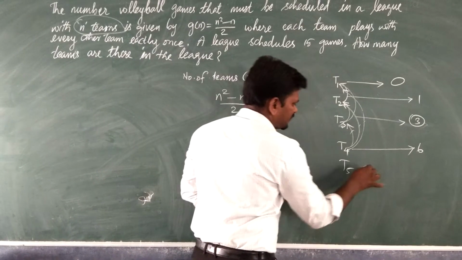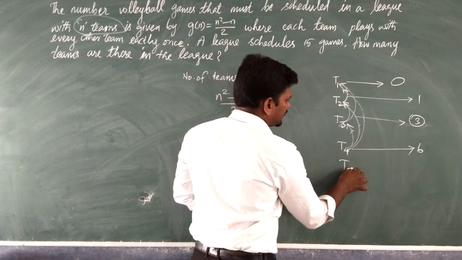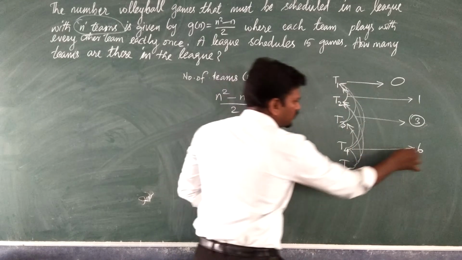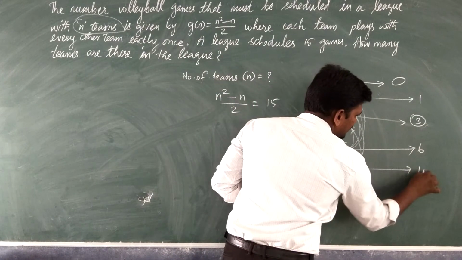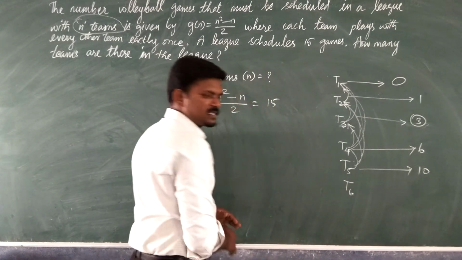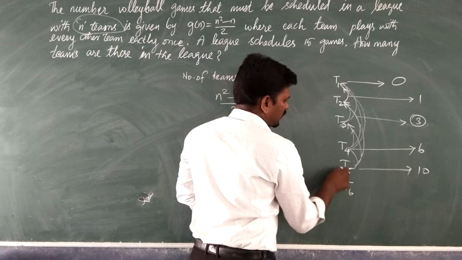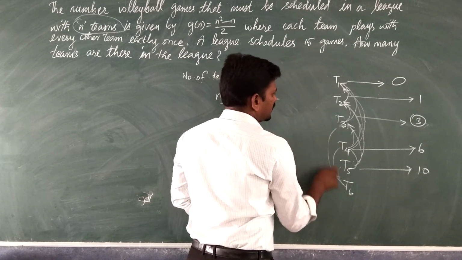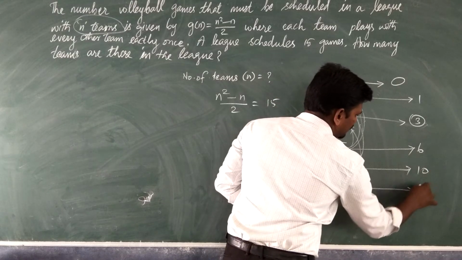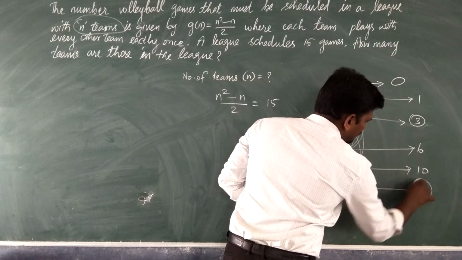If we add the fifth team, it can play 1, 2, 3, 4 more, so 6 plus 4 is 10. If we add one more team, the sixth team, 1, 2, 3, 4, 5 more matches, so 10 plus 5 is 15 matches.